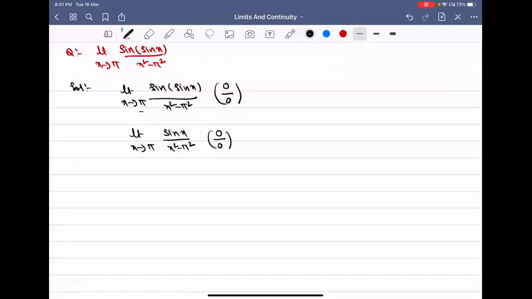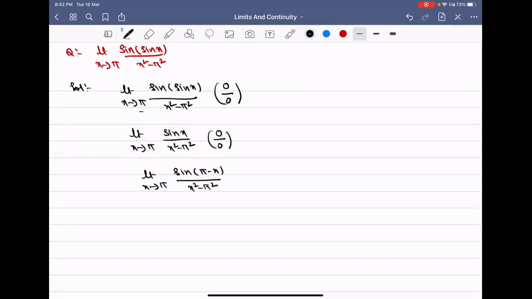Now here, limit x tends to pi, the sine x can be replaced with sine of (pi minus x). Why am I replacing? If x goes to pi, then sine x does not go to 0 by replacing with x, because x tends to pi. So sine x can be written as sine of (pi minus x) over (x square minus pi square).